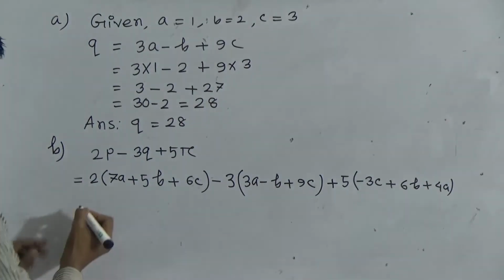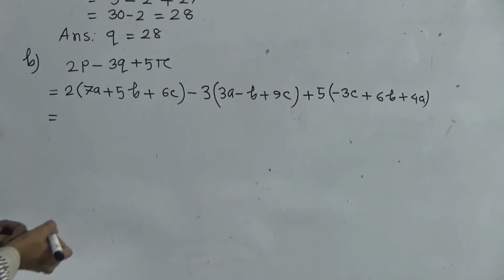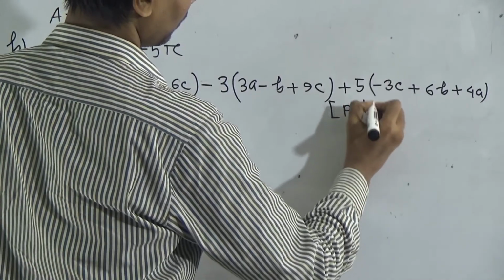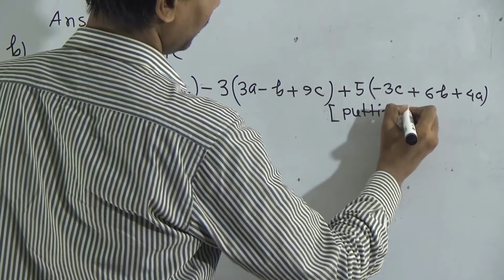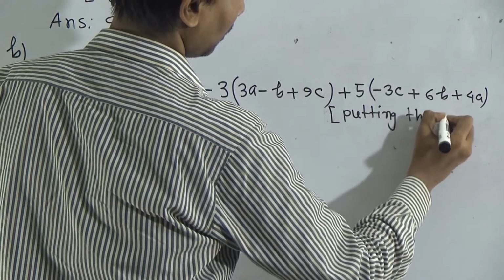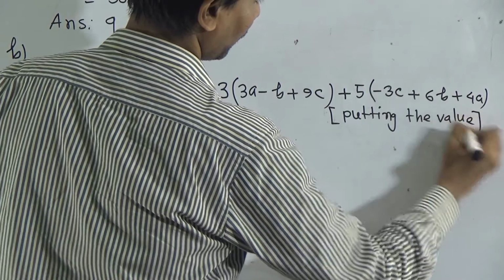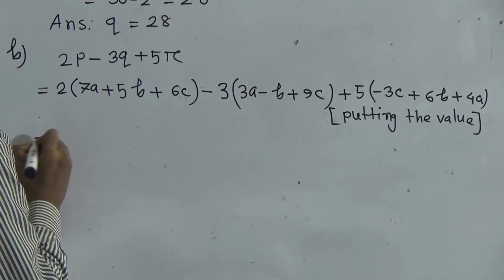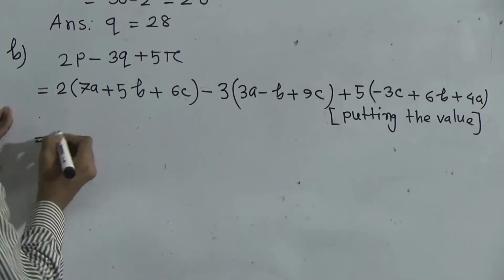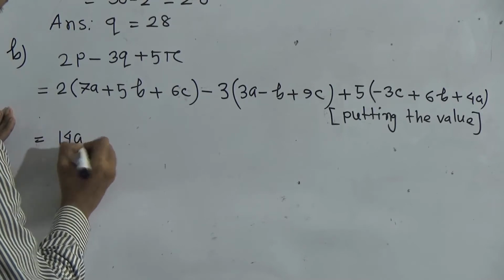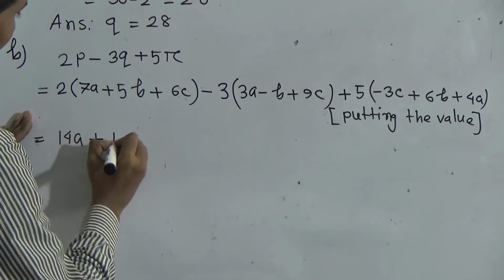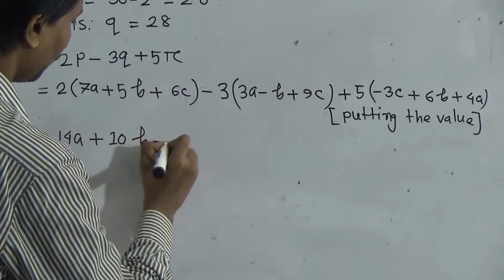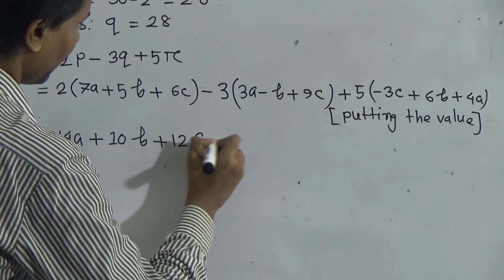Okay, now you have to simplify and write here putting the values. Now look, multiply 7 to the 14A, 5 twos are 10B, 2 sixes are 12C.